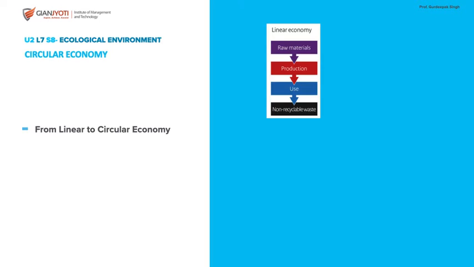Now, one of the things happening, which is a very recent trend, is the circular economy. Let me explain in very simple layman's language. In manufacturing, we use a linear economy. We have the raw material, we produce, we use, and then we have waste which we cannot cycle.